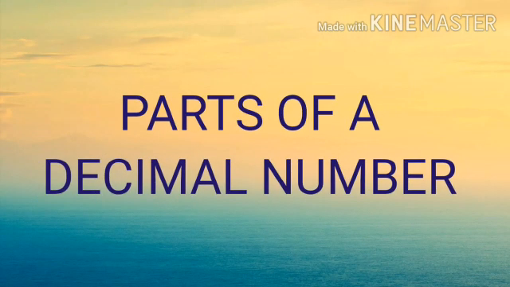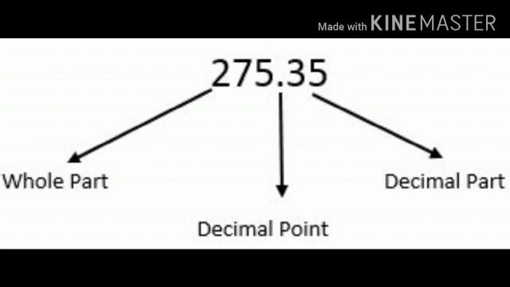Next topic is parts of a decimal number. Look at this example, 275.35. There is a point that is also known as decimal point, and the numbers which come before decimal point are known as whole part, and the numbers which come after decimal point are known as decimal part.